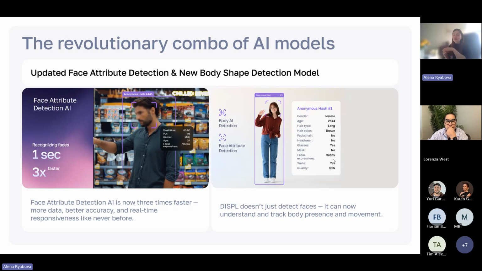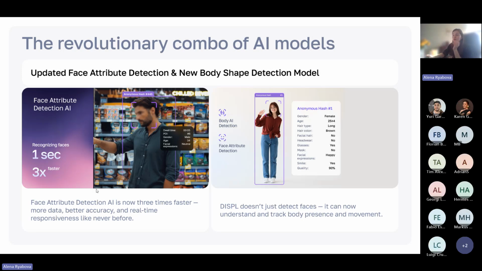For example, with traffic counters, we know the number of people inside the store. Yes, we know because we have this body detection. We are working with bodies. But we also need to understand what's going on next with these people. They came and I just have the number of people. That's not interesting to me. I want to understand who these people are, and I want to understand how they are interacting.